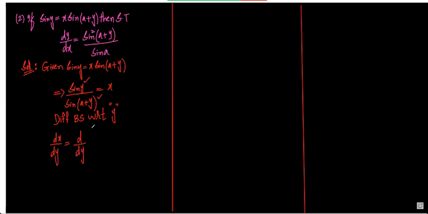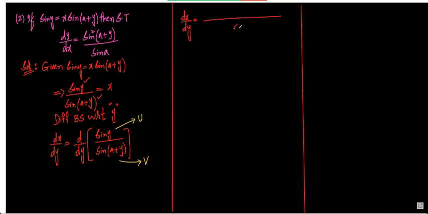D by dy of these two terms, this is sin y upon this is sine of (a plus y). So same concept, u by v rule, considering this term as u, considering this term as v. Now we apply u by v formula only. Okay, so let us apply dx by dy is equals to, according to the formula, denominator squared.